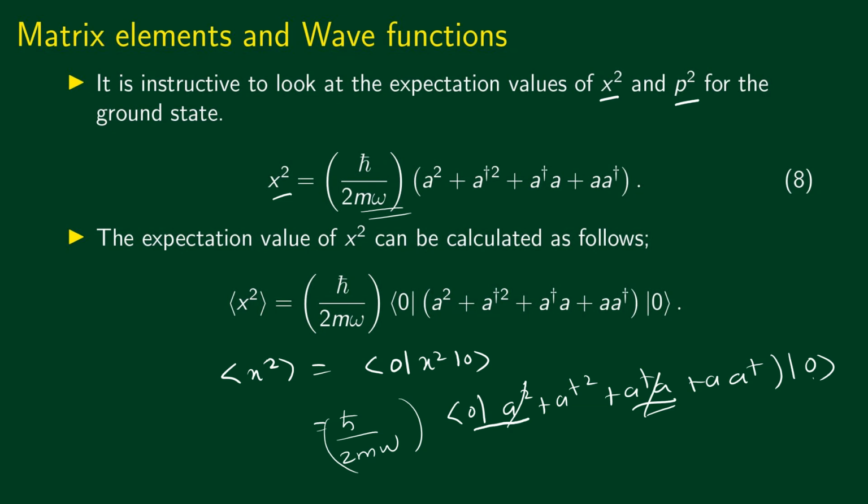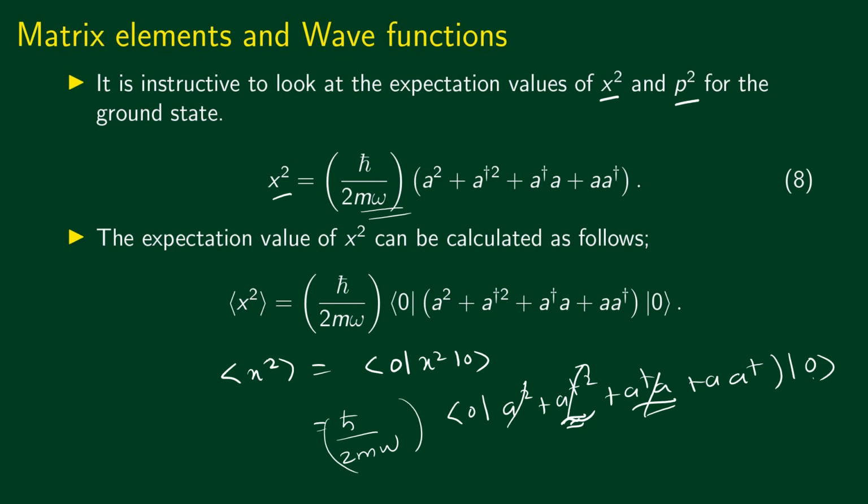So this term also will give a 0 contribution. Let's look at this term. A dagger squared acting on ket 0 will take us to the state ket 2, because this is the raising operator acting twice on ket 0. But ket 2 is orthogonal to ket 0, so bra 0 ket 2 is going to be 0. For this reason, this term is also going to give a 0 contribution.